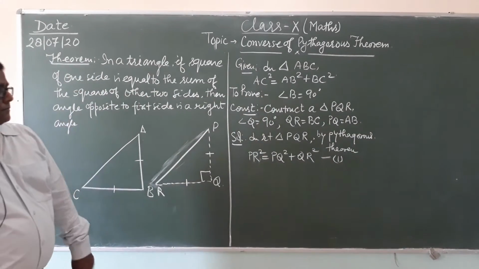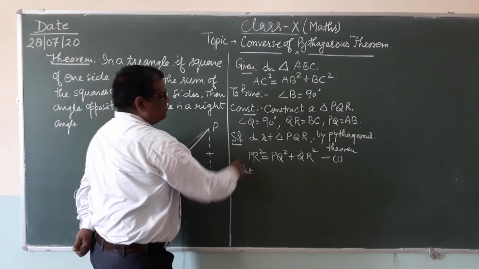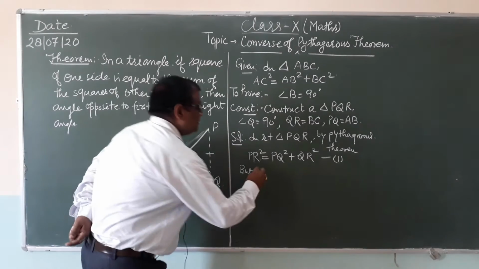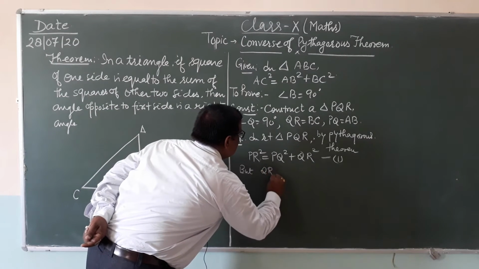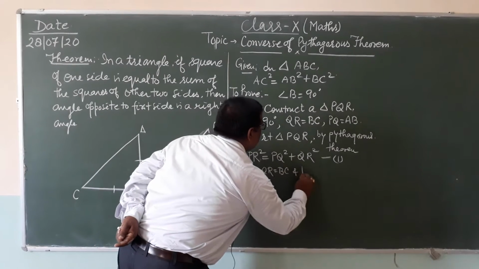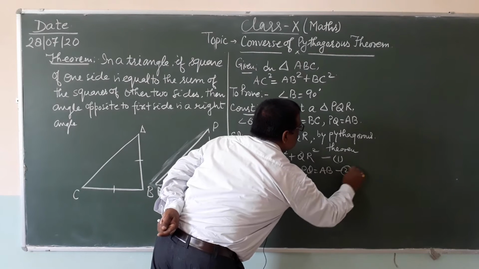But by construction, QR is equal to BC and PQ is equal to AB. This is equation 2.